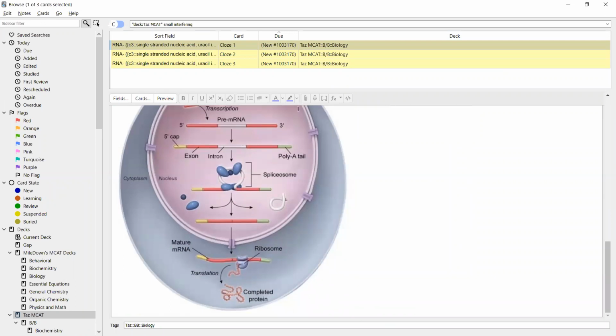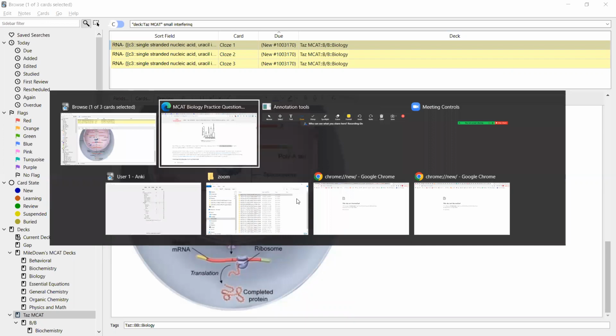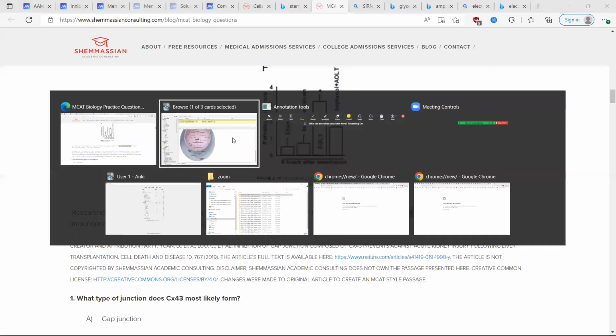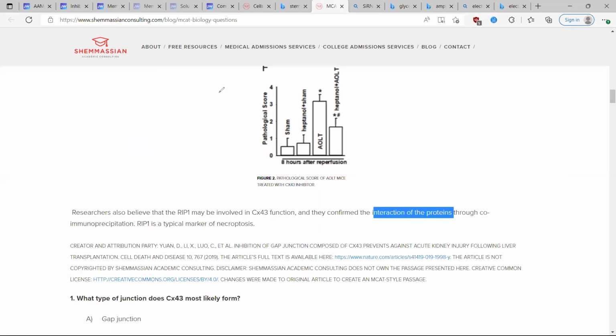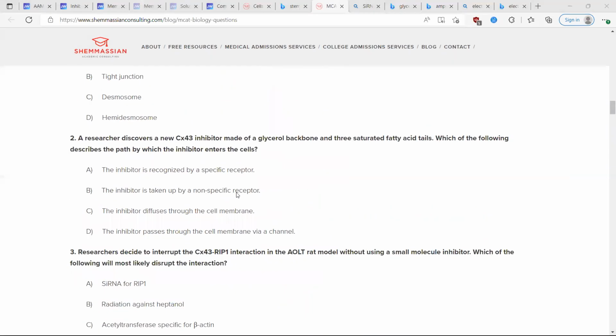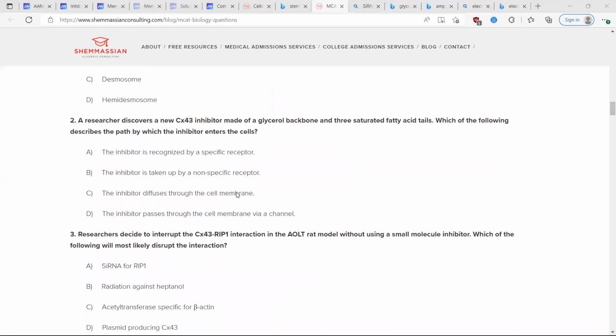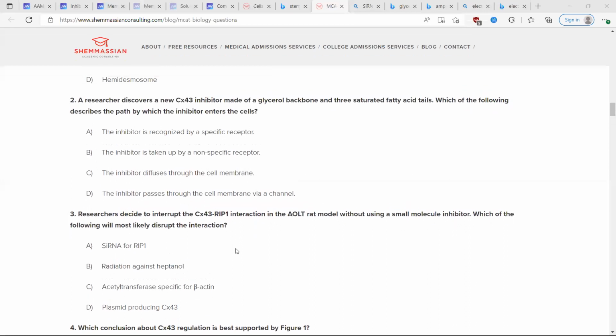What the siRNA will do is, before the ribosome can come, the siRNA will come and bind to the mRNA. When it binds to the mRNA, it can degrade it and prevent it from getting turned into the protein. So if that happens, then there is no protein. And if there is no RIP1 protein, that will prevent the interaction.